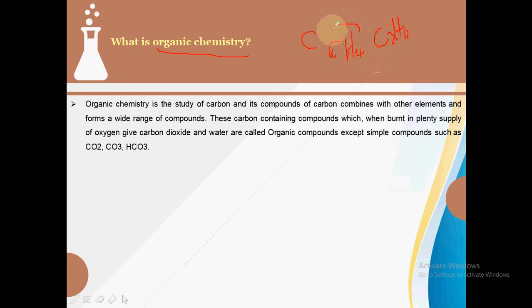So we have methane here, we have ethane here, and these are the compounds we are talking about as organic compounds.